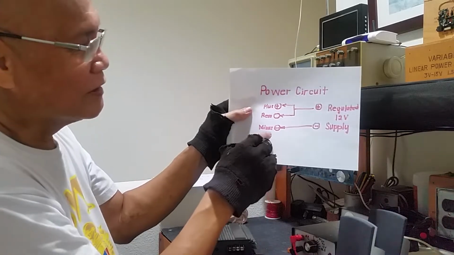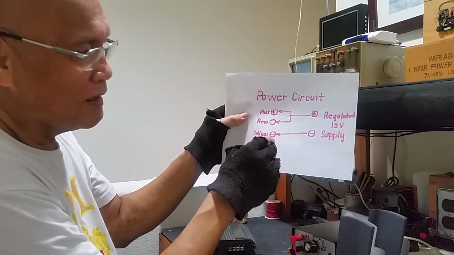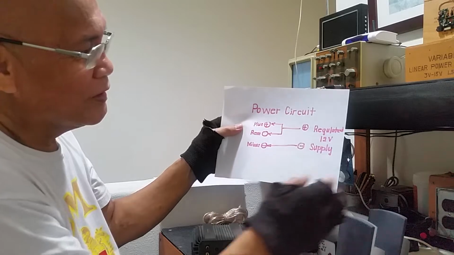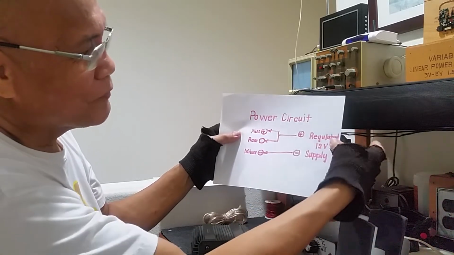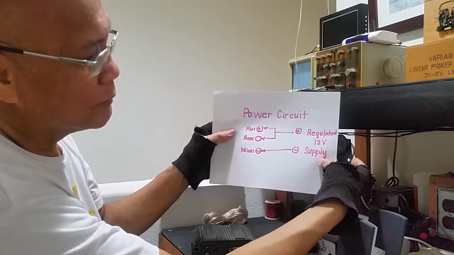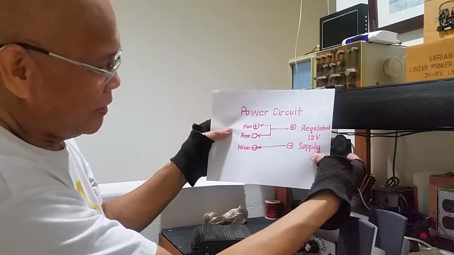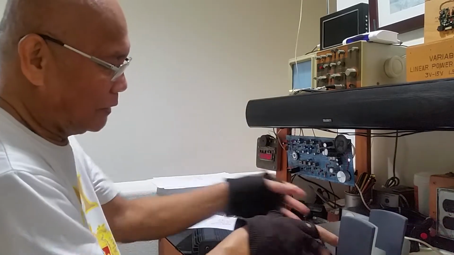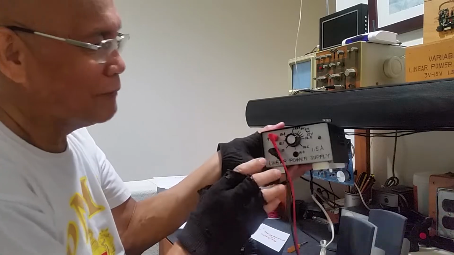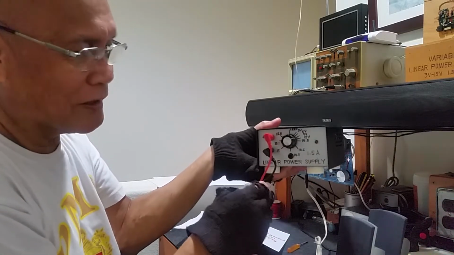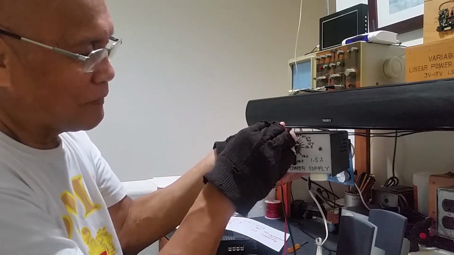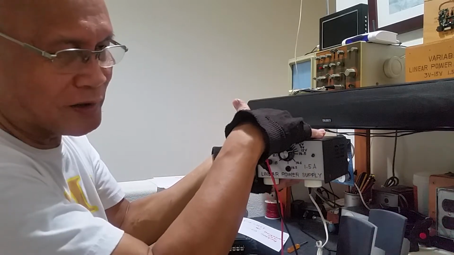Right? And the third one is the minus terminal. This is plus and minus. It comes from a regulated 12-volt power supply. If you are installing your amplifier at home, you should have a regulated power supply, something like this. This is the plus, this is minus, this is regulated.